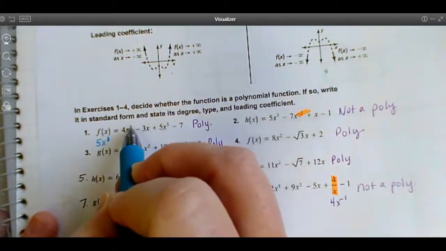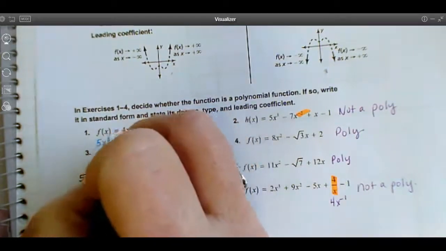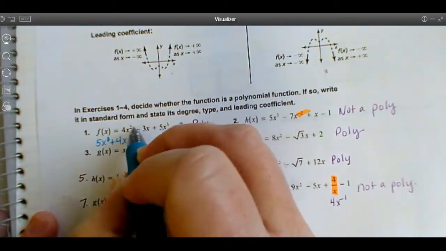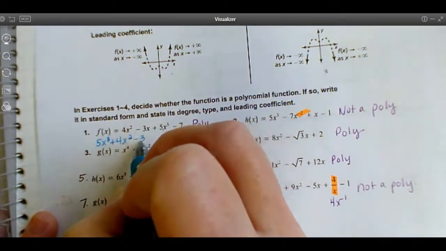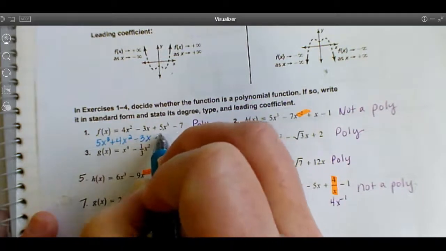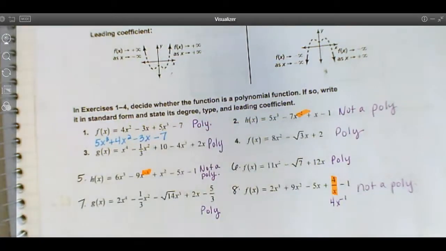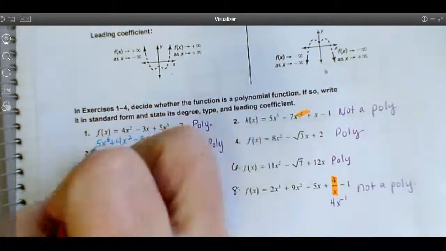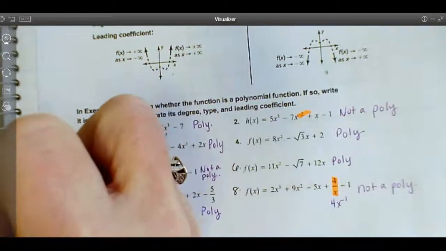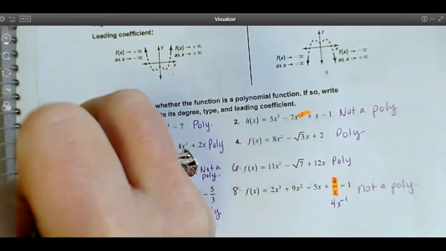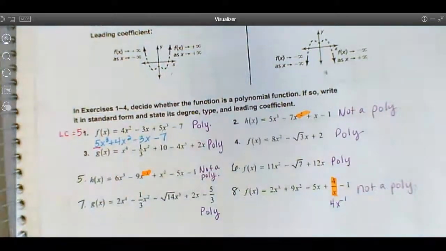Okay, next will be the second power, so 4x squared is going to come next. 3x will be next because that's to the first power. And then the number that doesn't have a power will always be at the end. Once it is in order like that, then we can tell that our leading coefficient is just the number at the beginning. So I'm going to abbreviate it with leading coefficient, LC, and that equals 5.